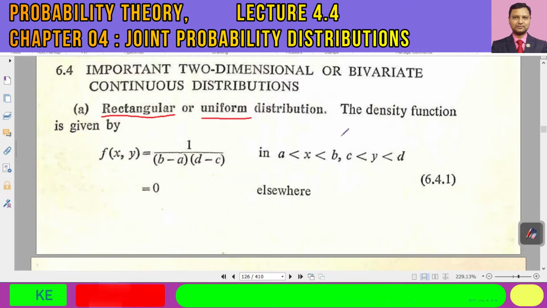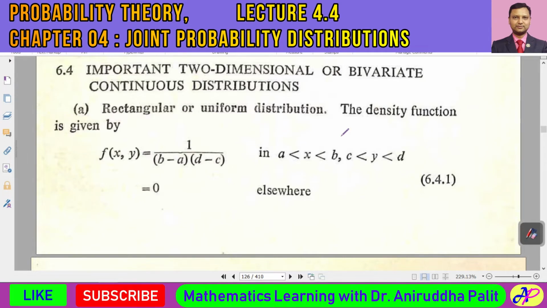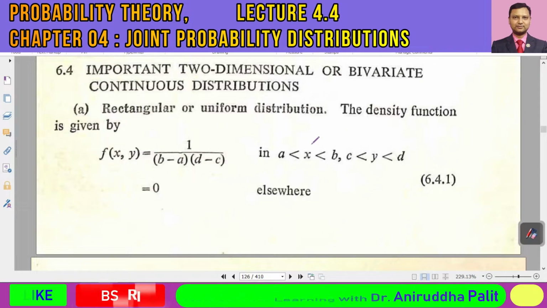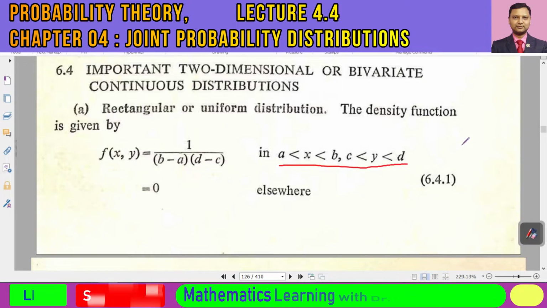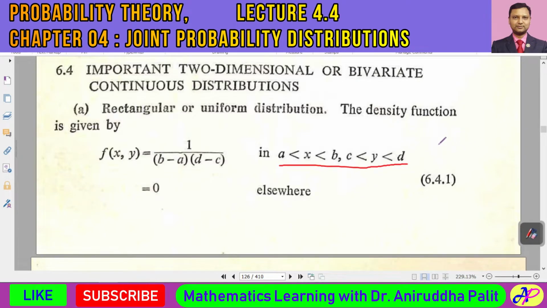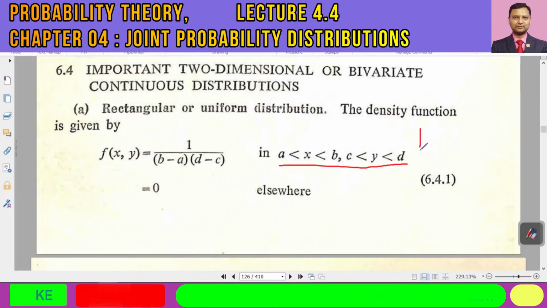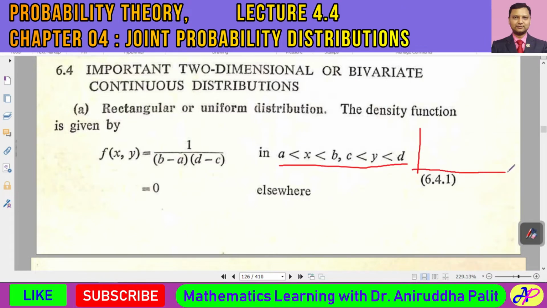Rectangular or uniform distribution. What is this? It says that the spectrum of the distribution can be a rectangular region. This kind of rectangular region may be in the two-dimensional plane.